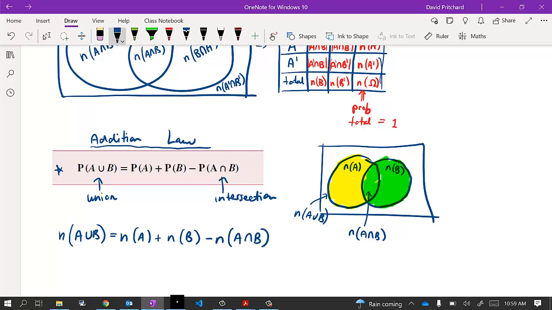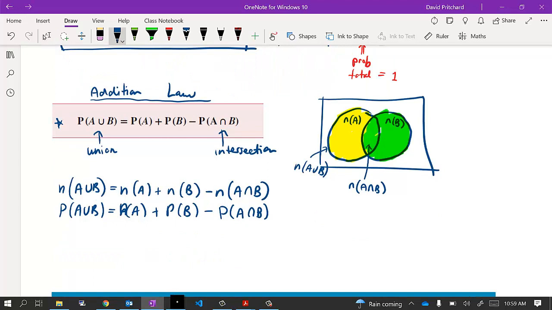With the probabilities, it works the same way, and so we can also say the probability of A or B is equal to the probability of A plus the probability of B, and again we have to take away that intersection.